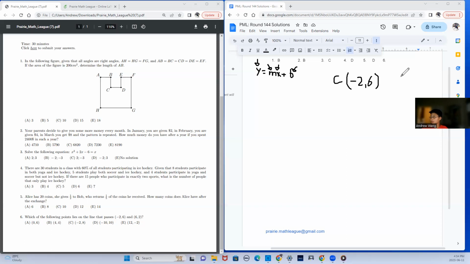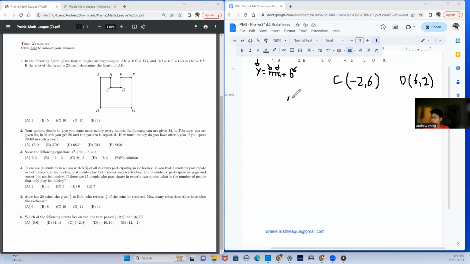And D will be set as 6, 2. So we basically are naming these points. So CD is a line, and so let's find the equation of the line. First, we can see if we can find the slope.